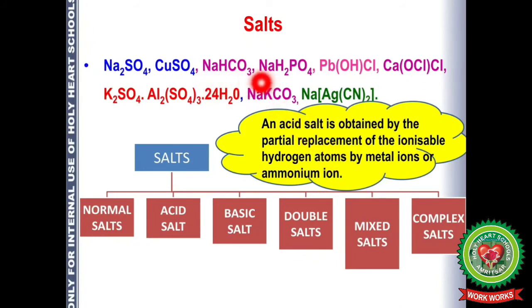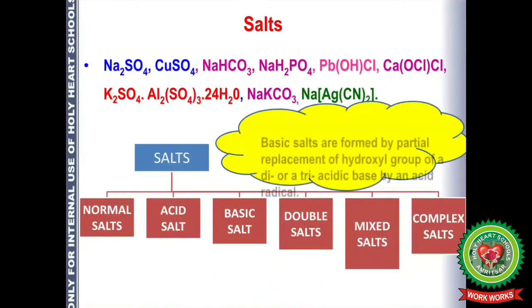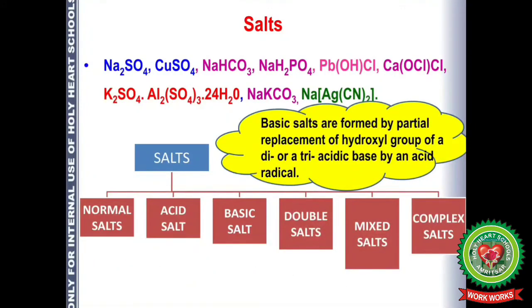For example, NaHCO3, NaH2PO4, the salts which contain hydrogen in their compound, they are acid salts. So for example, sodium hydrogen sulfate, below 200 degrees Celsius, when we react sodium hydroxide with sulfuric acid, we will get sodium hydrogen sulfate.